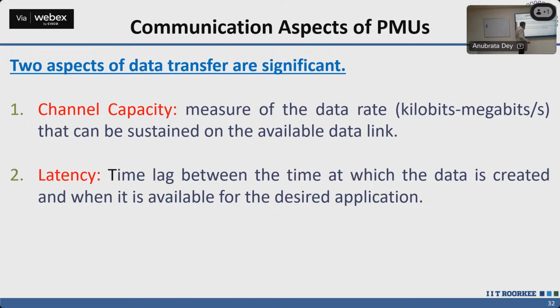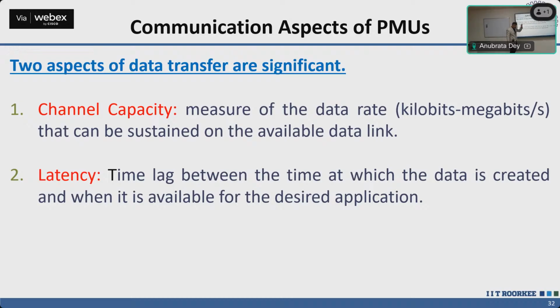Now, whenever the PMU sends the data in the form of packets using this C37.118 to the PDC, two things are very important. One is the capacity of the channel, what medium you are using. Usually, it is measured in kilobytes or megabytes per second. And second is the latency.